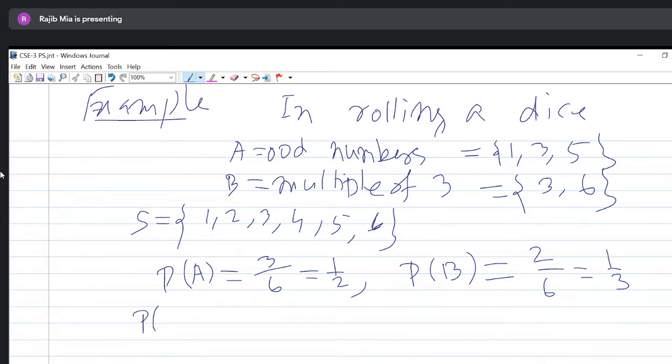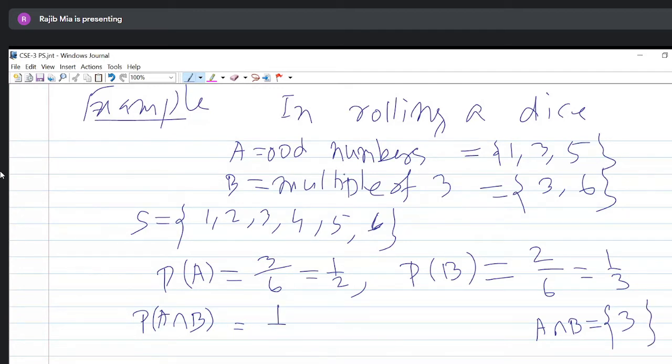So what is probability of A intersection B? So 1/6. A intersection B, see this, what are the outcomes in A intersection B? A intersection B means A and B both are happening here. So only 3, odd numbers and multiple of 3, that is only one element.